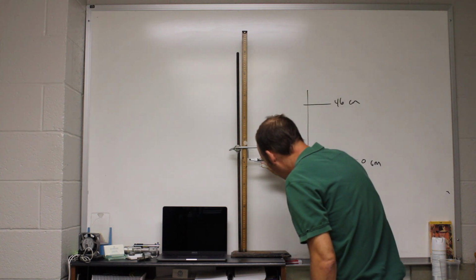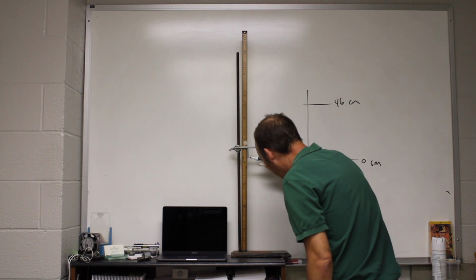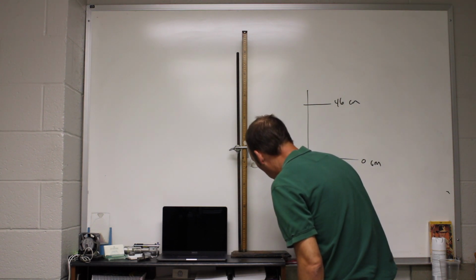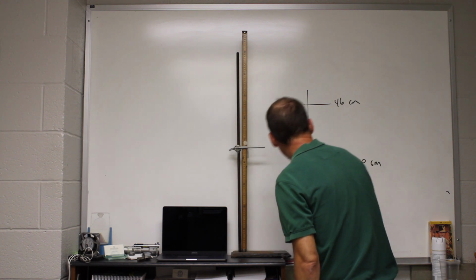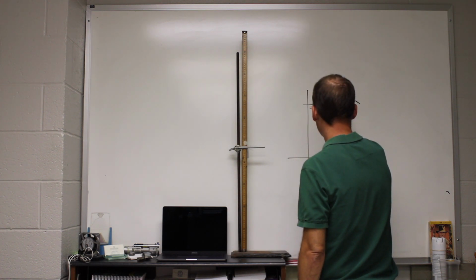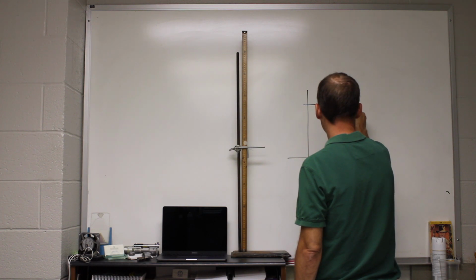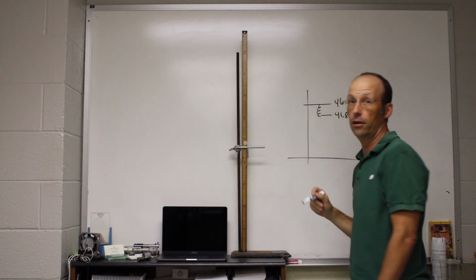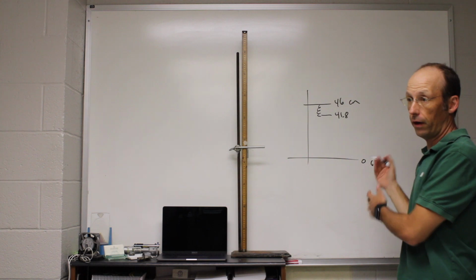And then I'm always going to measure from the bottom of the coil part. So that's at 41.8. Everything's in centimeters. I'm not going to write centimeters, and I'm going to write this down in just a second.